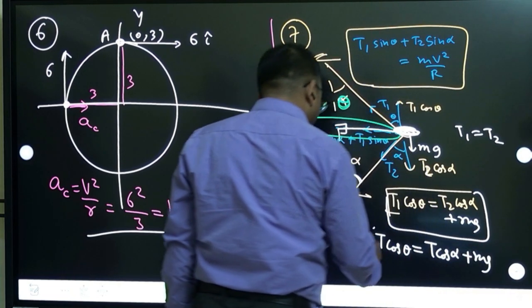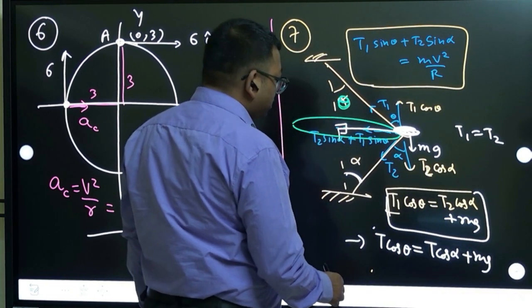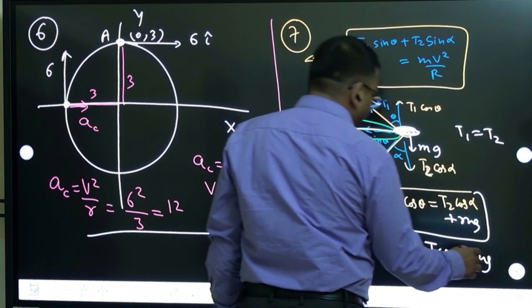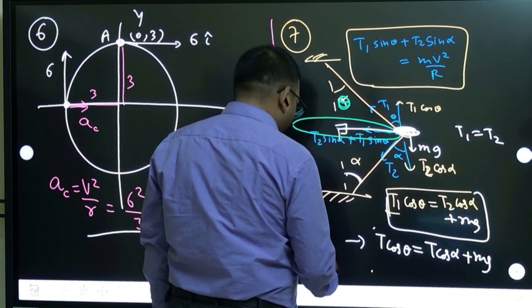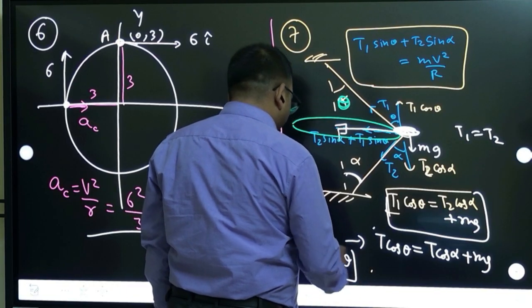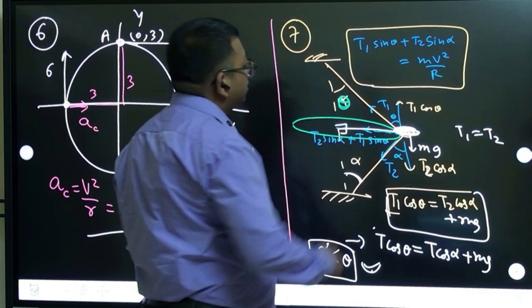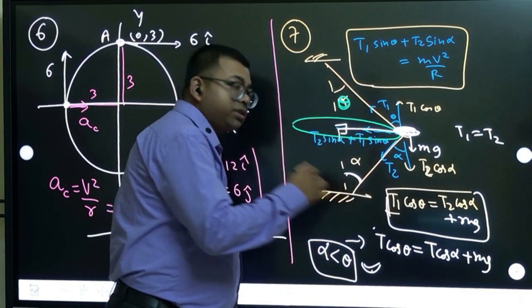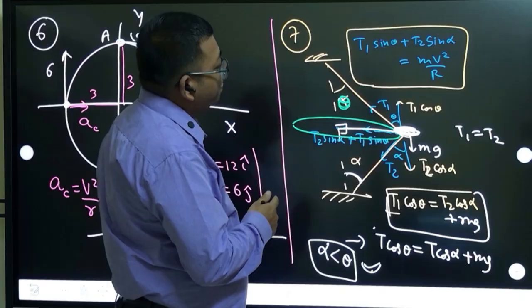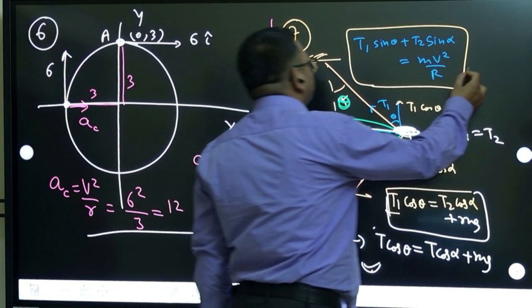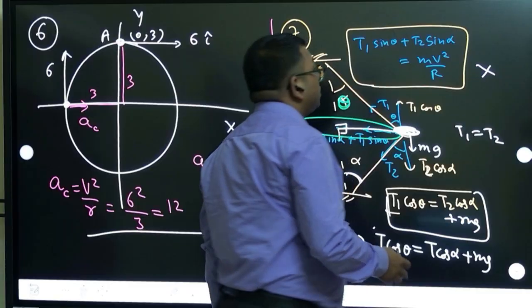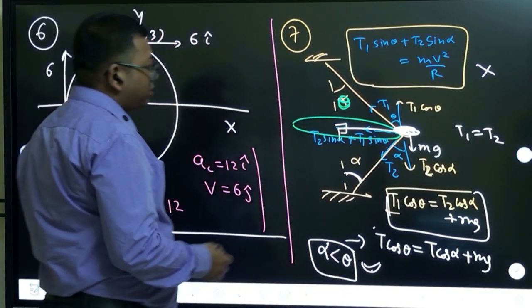From here we can now decide, because the tensions are the same and on this side we have added mg, so alpha must be smaller than theta. Because the string is the same, the tensions will be the same, so we don't need this equation. We can definitely solve that.